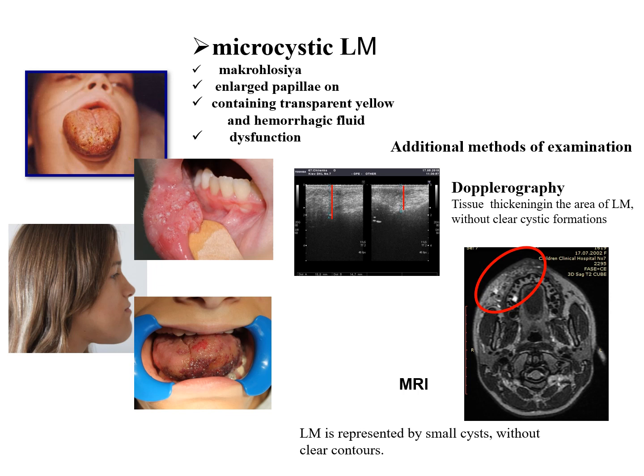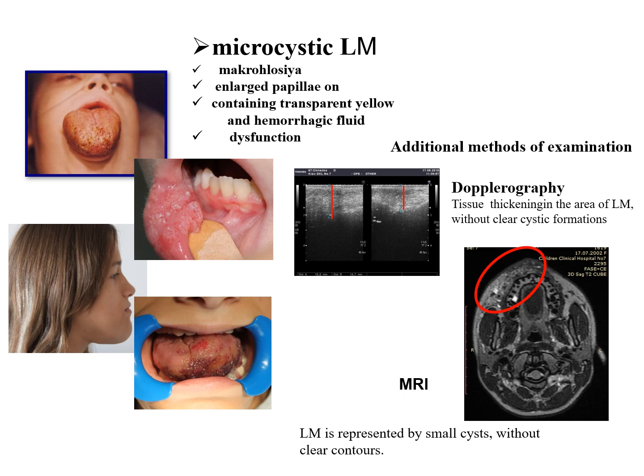How will we see the microcystic lymphatic malformation? It can be a type of macroglossia, the enlargement of the tongue. We will see the enlargement of papillae on it. It will contain transparent yellow and hemorrhagic fluid and can lead to dysfunction.